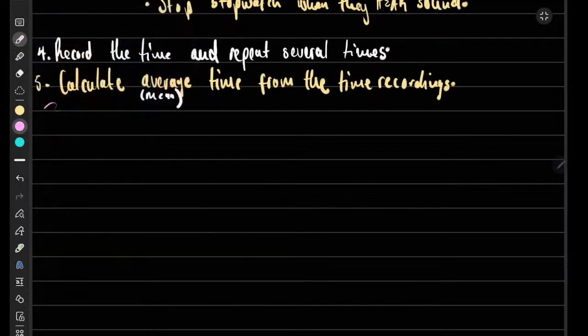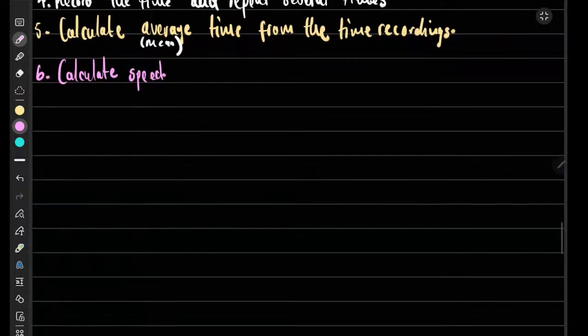Then number 6, calculate the average speed.